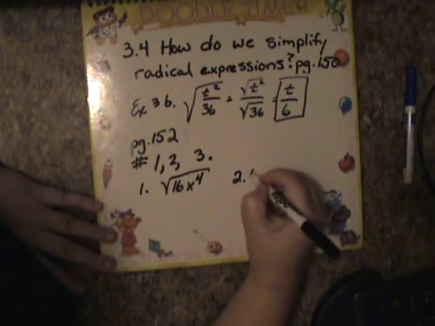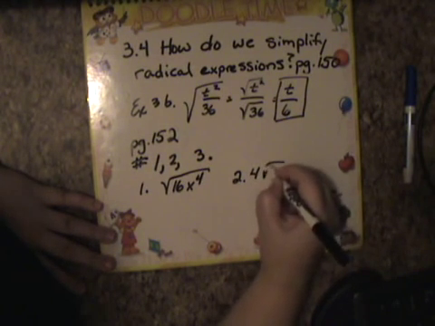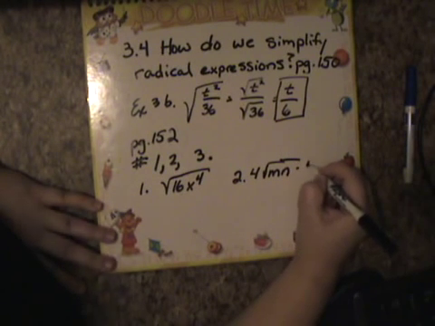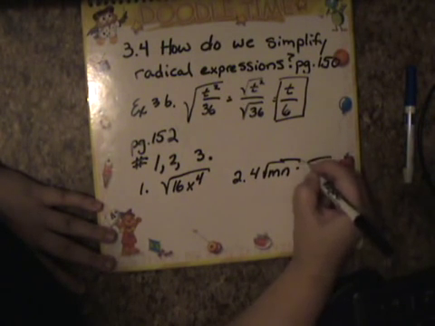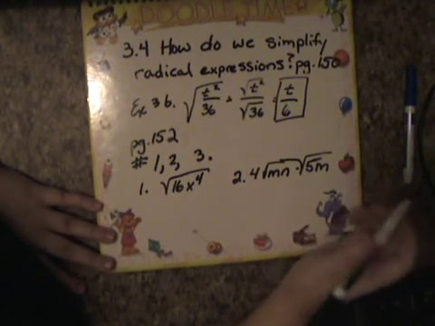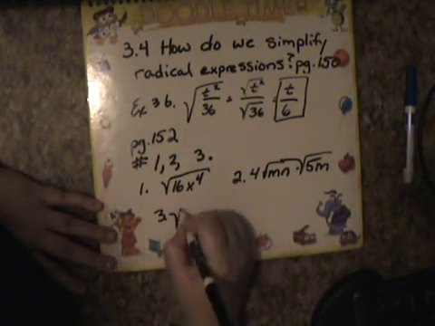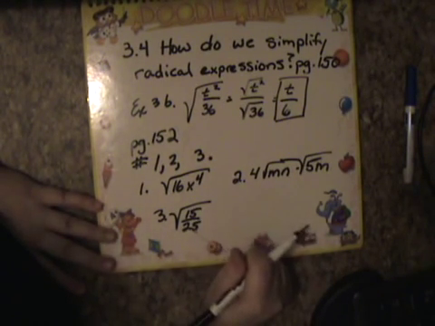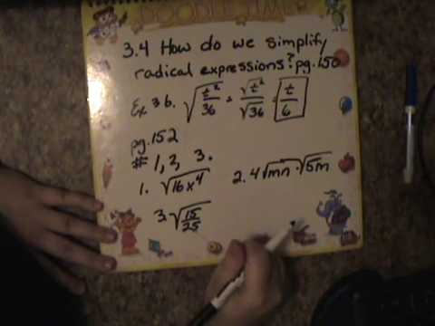Number 2 is 4 radical mn times 5 radical 5m. And number 3 is the square root of 15 over 25. So simplify those expressions and see what you get.